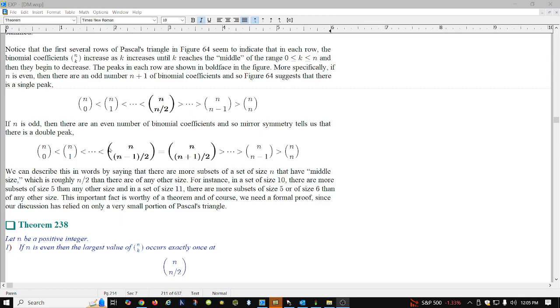So for example, for a set of size 10, there are more subsets of size 5 than any other size. For a set of size 11, there are more subsets of size 5 and more subsets of size 6 than any other sizes of subsets. Be careful what I'm saying here.